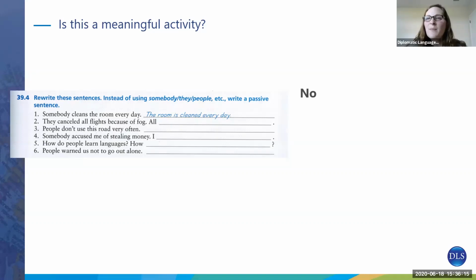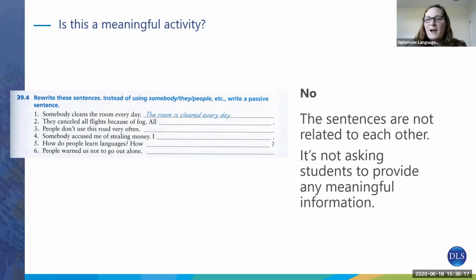It's just manipulating the verb form, right? None of the sentences are really related to each other. You've got a lot of different themes and topics happening, and the students don't have to provide any sort of meaningful information here. So this is definitely a mechanical practice.